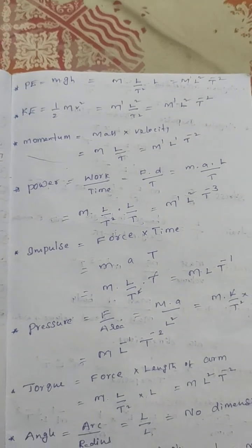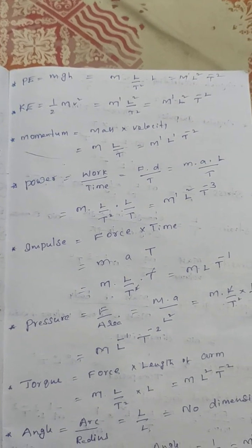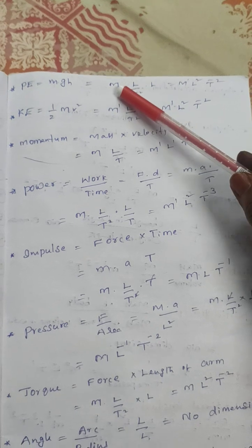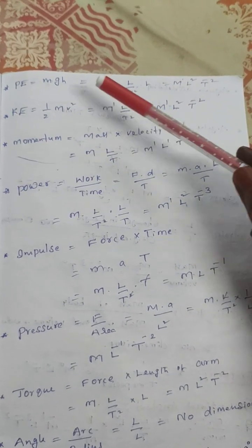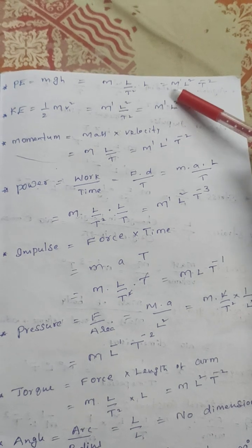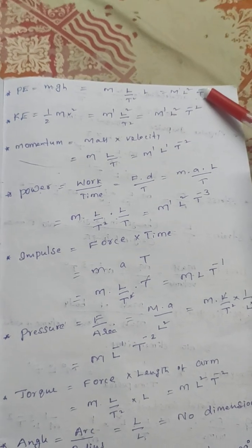Next, potential energy. Potential energy formula is mgh. M is mass, g is acceleration, L by T square, h is distance. This is also M power 1, L square, T power minus 2.